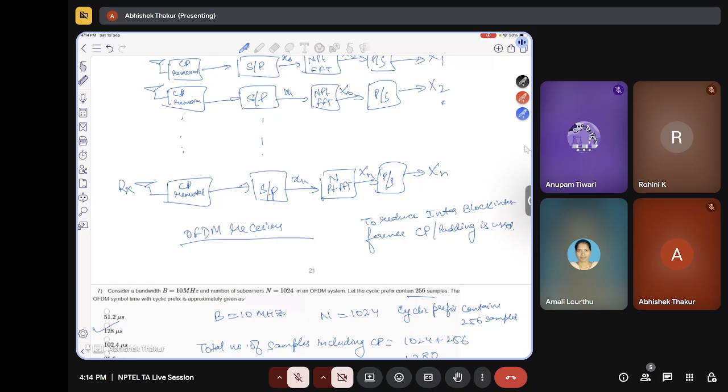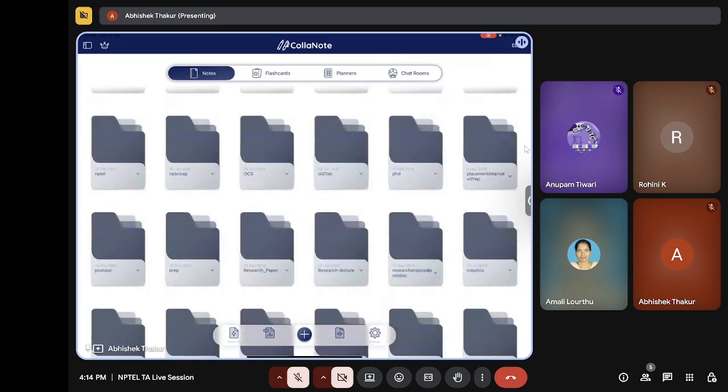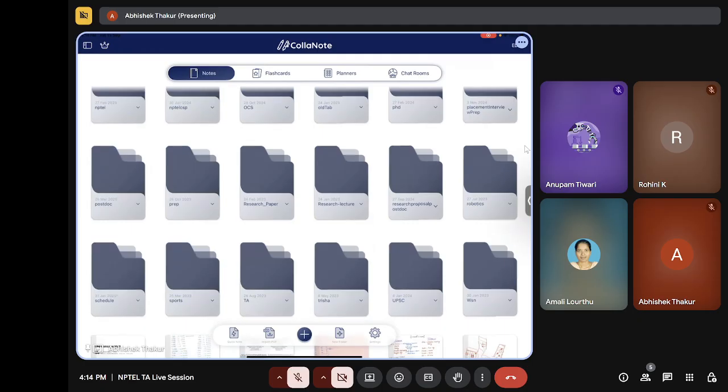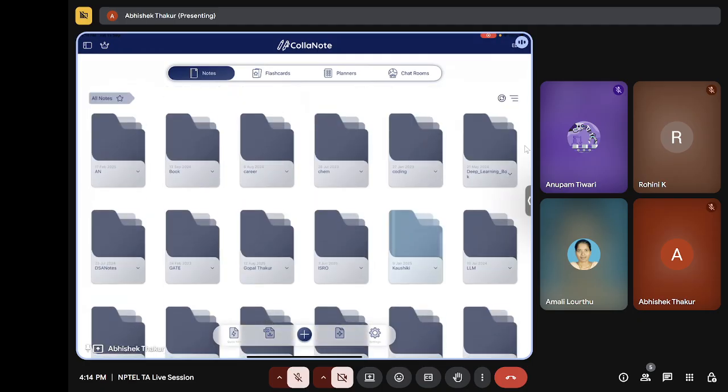You can go through all the lectures. The slides are also available there.